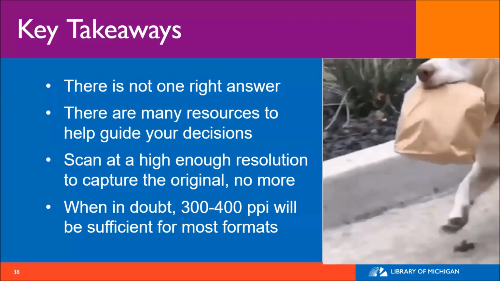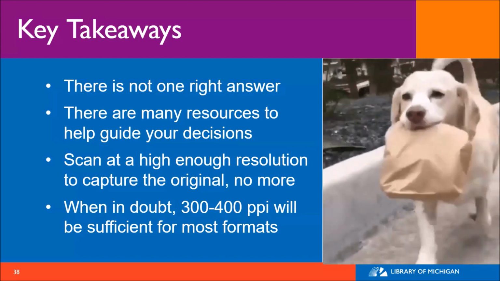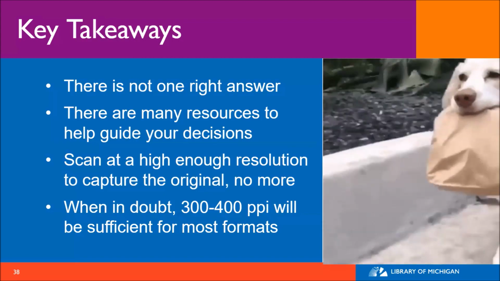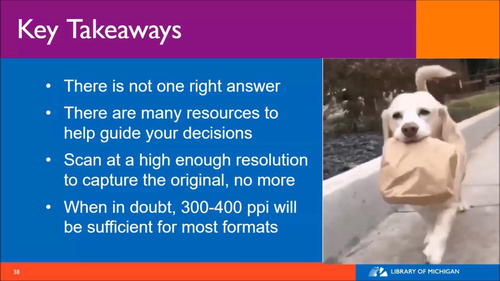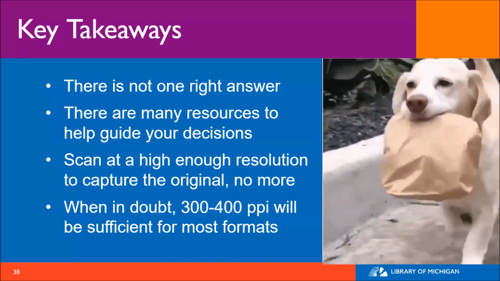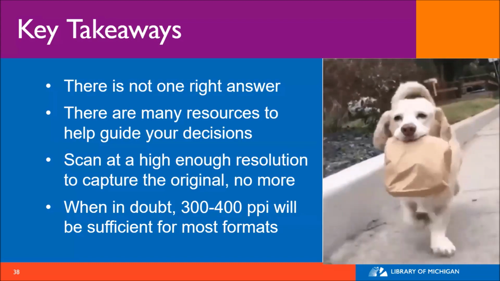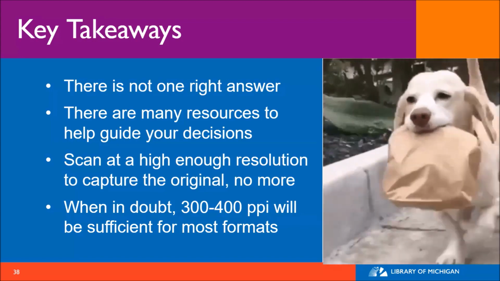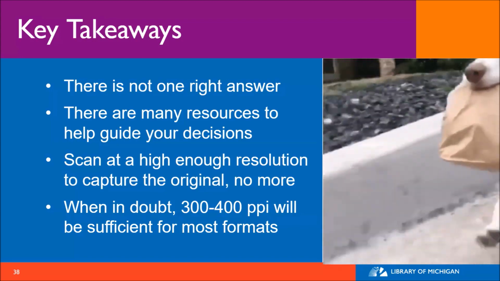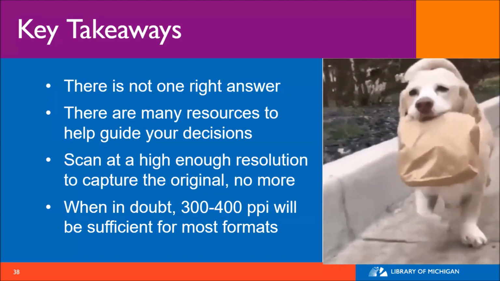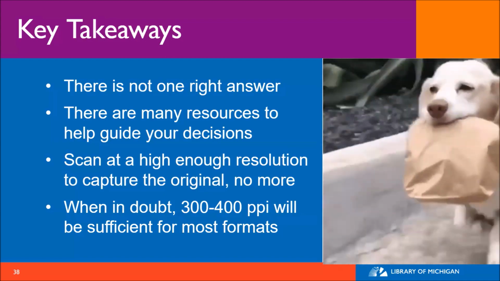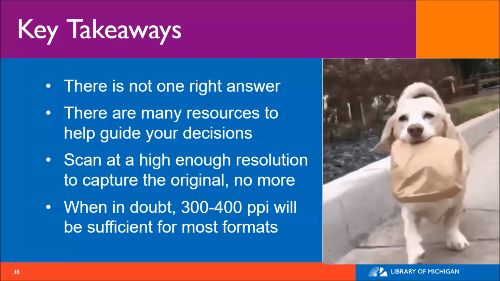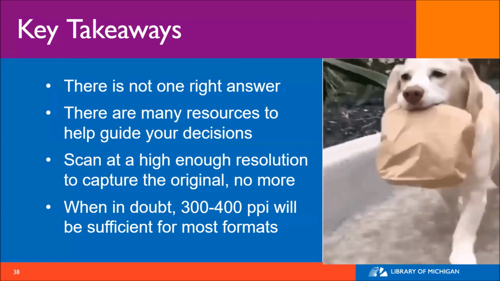Well, thank you, everyone. I really appreciate your input. Just to go over the key points from today. As we've seen, there is not one right answer for every original across every institution. Your scanning specifications are going to vary depending on a variety of factors. There are many resources to help guide your decisions. You are not alone. I reference things all the time because I have other things in my brain.